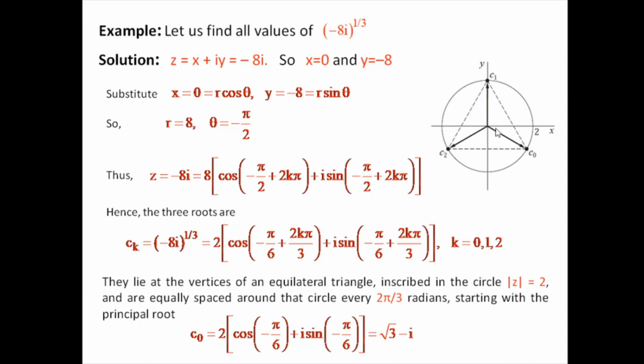From here this angle 2 pi by 3, then next 2 pi by 3, and then next 2 pi by 3. So we can plot all three roots. I have not calculated the other two roots. You can easily calculate them by substituting k equal to 1 and k equal to 2, or you can calculate this by simply drawing this graph and seeing where the points are.